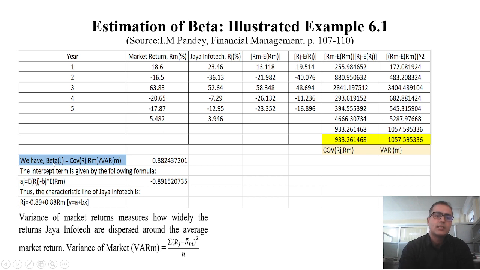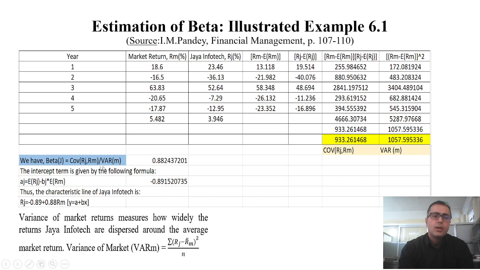Then we know that beta is the ratio of the covariance of RJ, the return of this Infotech, and RM, the market returns, divided by the variance of the market.